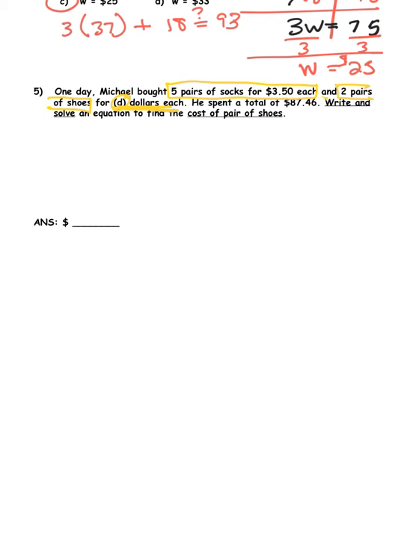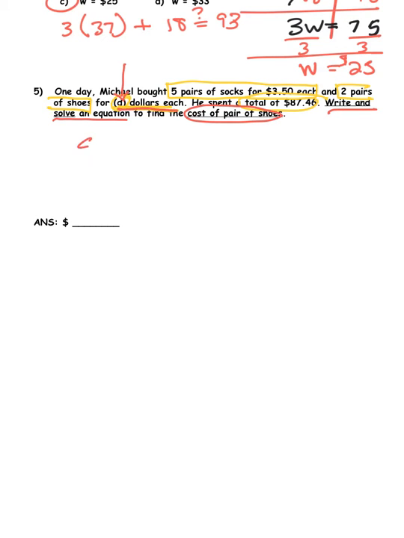He spent a total of $87.46. This one does instruct us to write and solve an equation to find the cost of the pair of shoes. And they've already defined our variable for us. They've already told us that 2 pairs of shoes at $D each, so we don't know what that is.